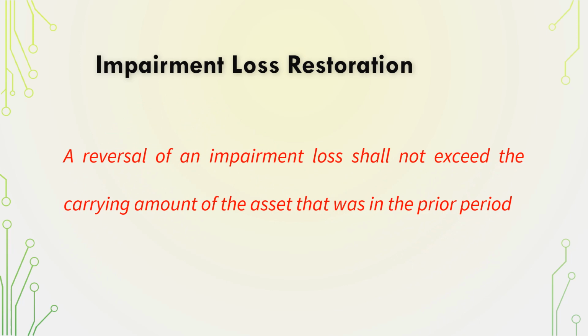In the impairment loss restoration, you have to remember that a reversal of an impairment loss shall not exceed the carrying amount of the asset that was in the prior period, which means it cannot exceed the net book value or the carrying value of the asset.